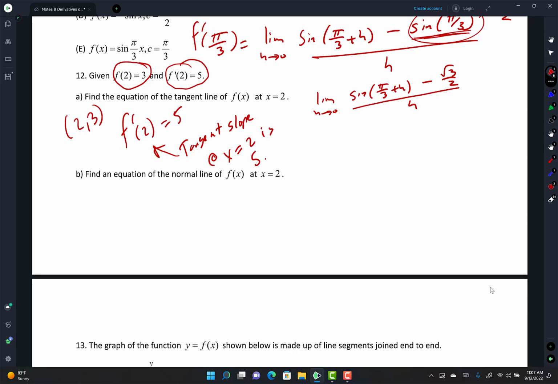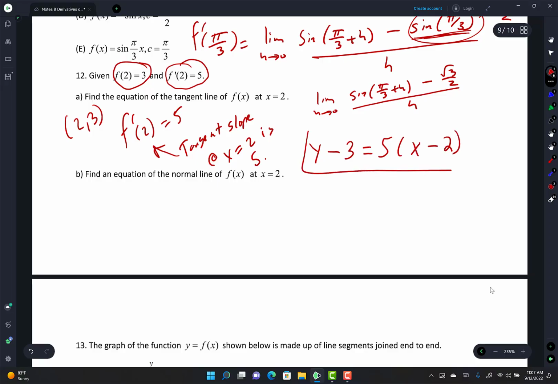Tangent line. It was funny. Y minus 3 equals slope x minus 2. Leave it alone, especially if you're prone to making errors. Yay or nay? Okay, look what the next equation says. Find an equation of the normal line of f of x at x equals 2.